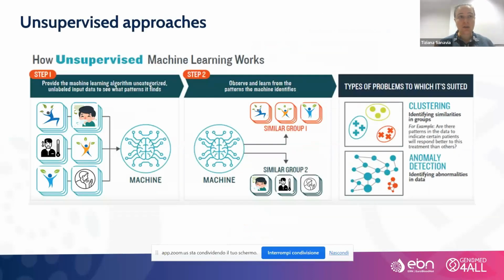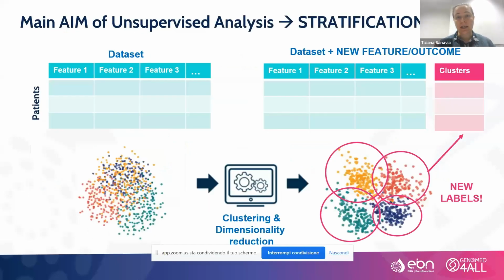A first approach is called the unsupervised approach, where we observe and learn new patterns from the data, and we allow grouping the patients according to similar characteristics that we found in the clinical records. Therefore, what we do is a sort of clustering with the aim of stratifying our cohort of patients.